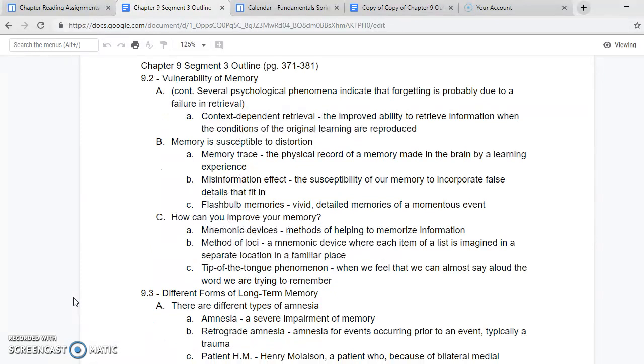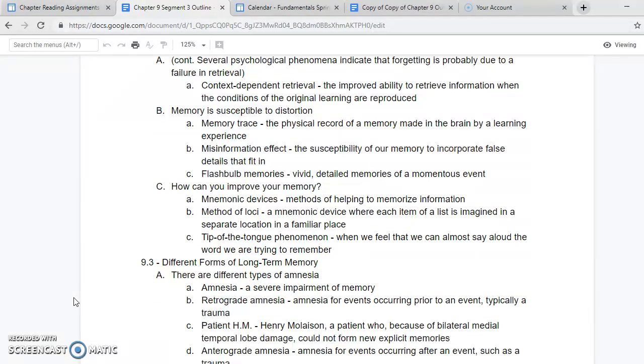Now, the next section is: memory is susceptible to distortion. So, looking at the memory trace, which is the actual physical record of a memory made in the brain by a learning experience, they don't simply deteriorate from disuse in the passage of time. Instead, there seems to be good evidence that memories tend to distort or suffer from interference from events beforehand and after the event.